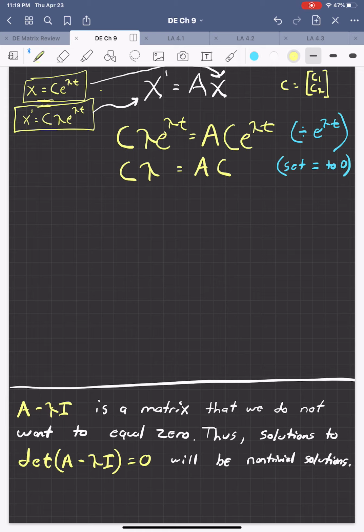So now I would have 0 is equal to A C minus C lambda. Now, at this stage, I'm going to factor out a C. Almost there. So I end up with 0 is equal to C multiplied by A minus lambda.